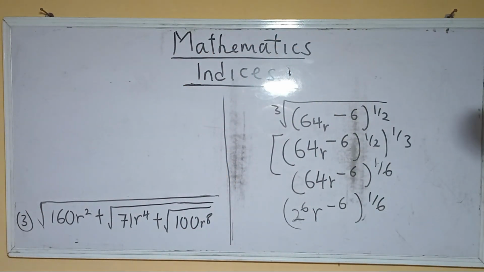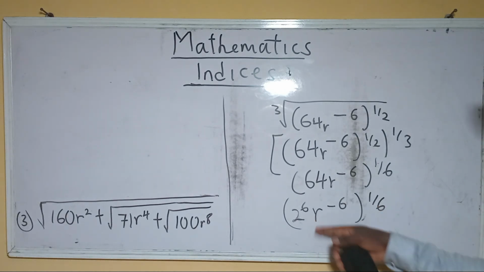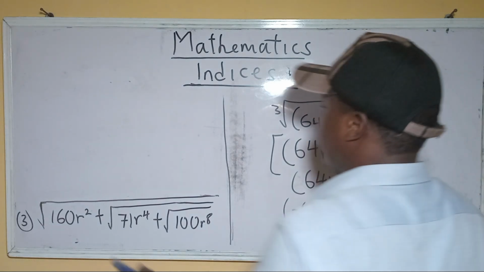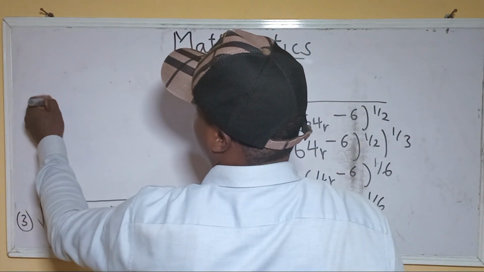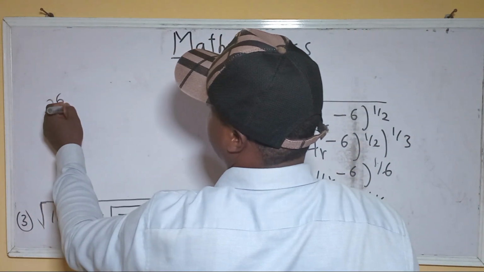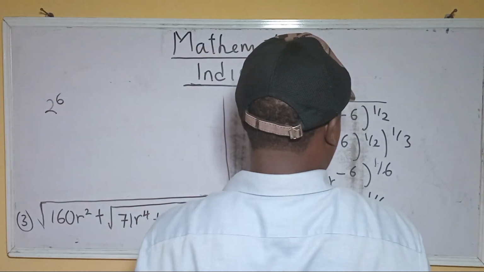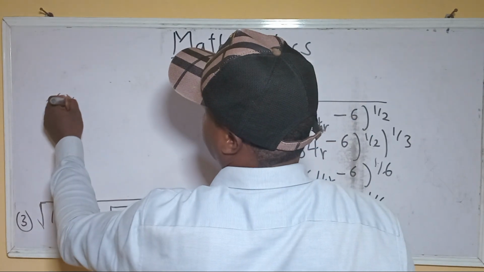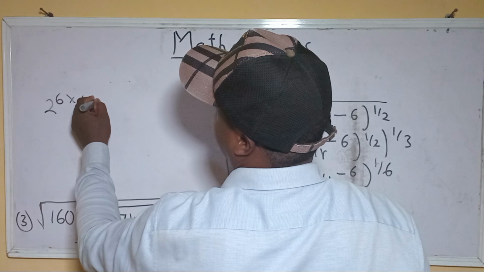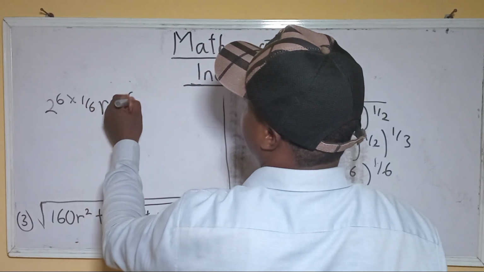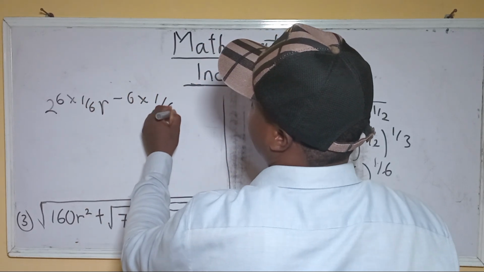To solve this, I have to multiply this into what you have inside the bracket. So I'm going to have 2^6 times 1/6, r^-6 times 1/6.